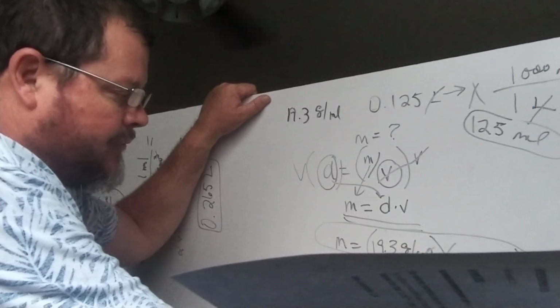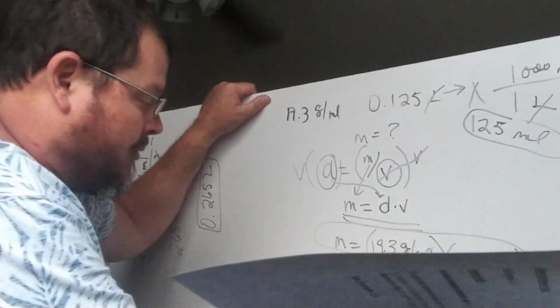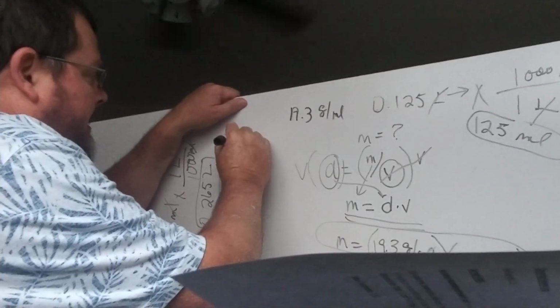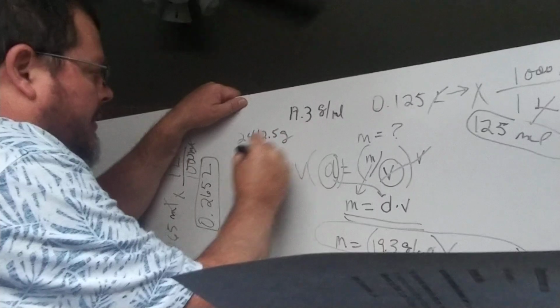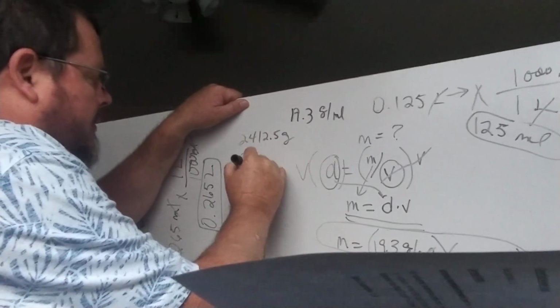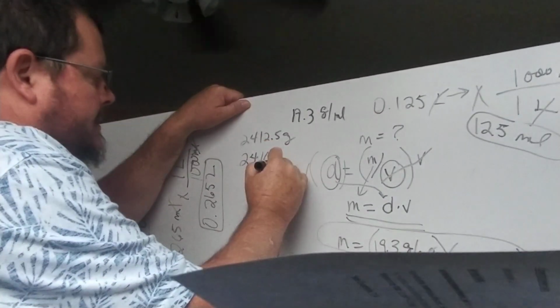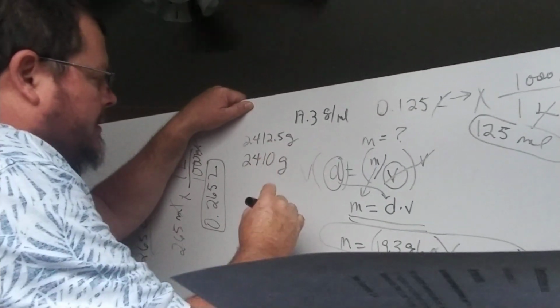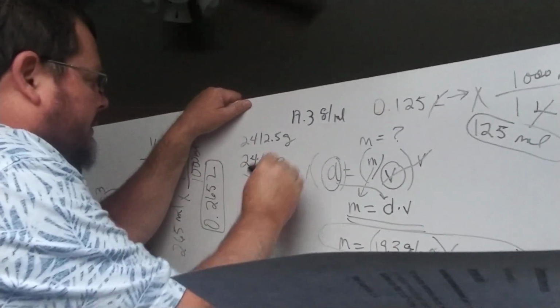Okay? How do I do that? I have 2,412.5. That's 5 significant figures there. That would be wrong. Instead of 2412.5 grams, I got to report it as 24, and I'm going to round it down to 10 grams. That would be right.